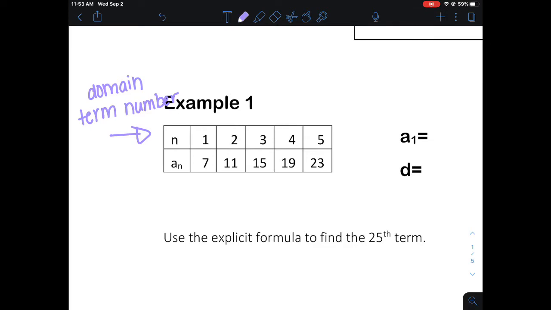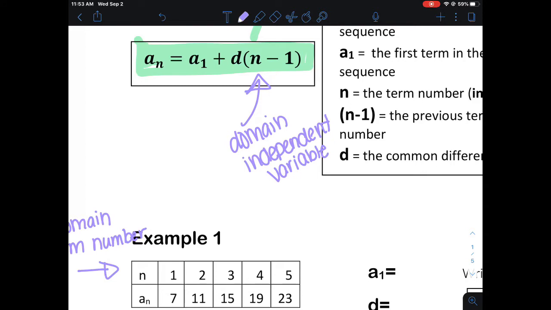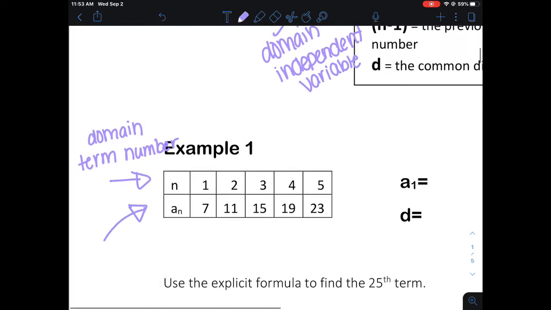What we're plugging in right here, this is our domain. It is the independent variable, what we're plugging in. And then what we get out is the nth term. It is also our range, what we are getting out.